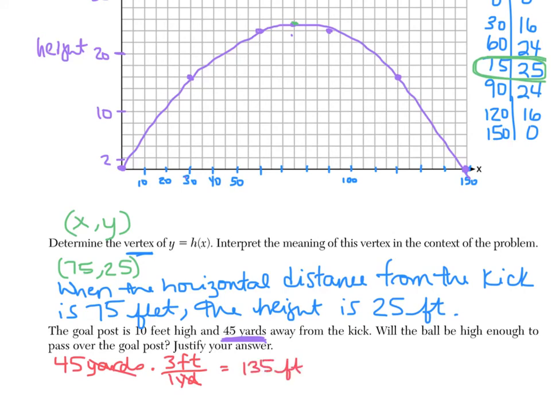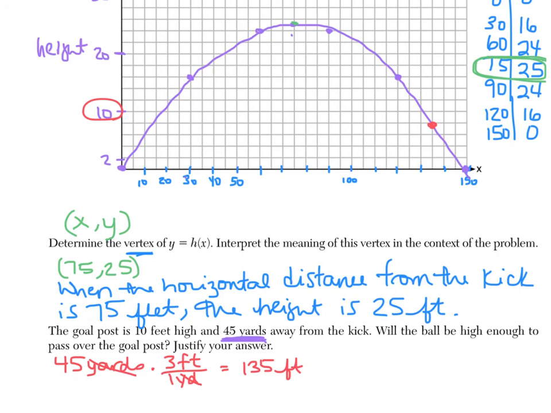So now I'm reading the question like this. The goalpost is 10 feet high and 135 feet away from the kick. So 135 feet on this graph is where? Well, 110, 120, 135, looks like right about here. Just from the graph alone, I can tell that that is under 10 feet. So will the ball be high enough?